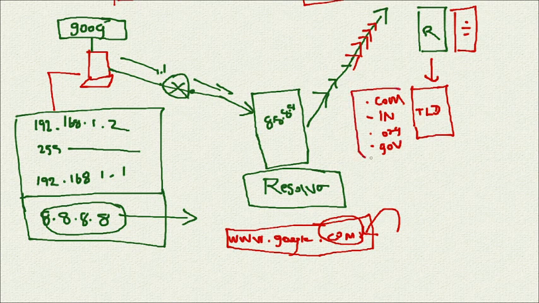So the TLD server has those details in it. The root server sends to him, and after that it will read the Google. So I have the Google, I have the .com.